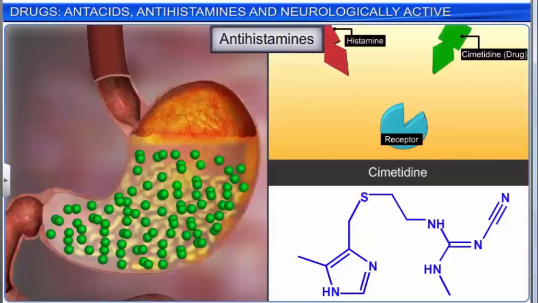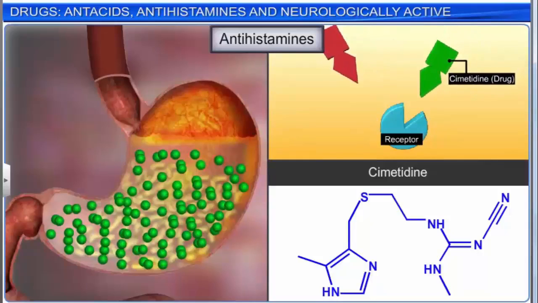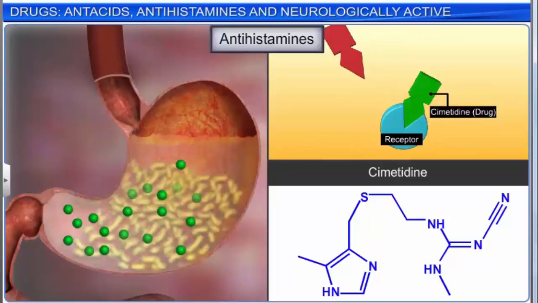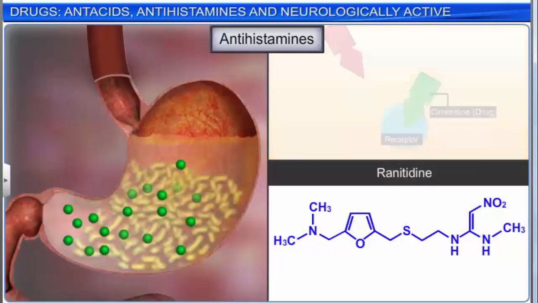Cimetidine is one such antihistamine drug designed to prevent the interaction of histamine with the receptors present in the stomach. As a result, less amount of acid is produced in the stomach. Ranitidine, which was discovered after cimetidine, is a more popular antihistamine drug.